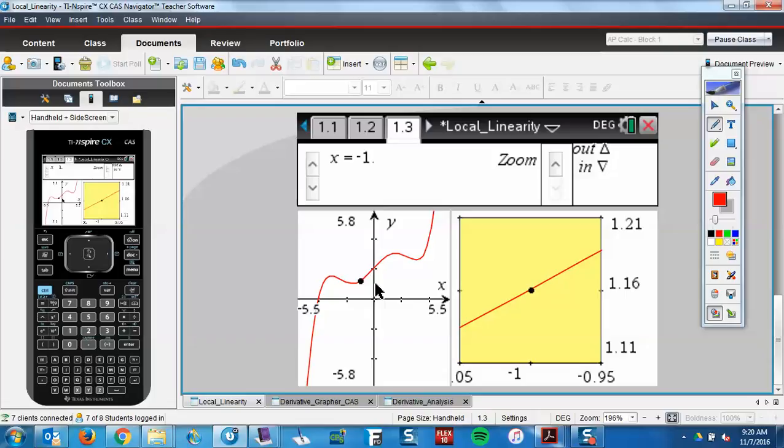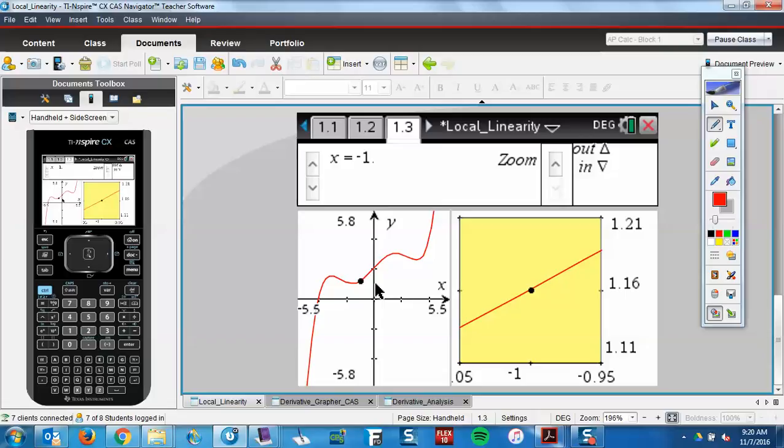Local means a really small region right around this point. If you look at just a tiny region right around this point, isn't the graph going to look straight? Like under a microscope, and that's what this is doing.